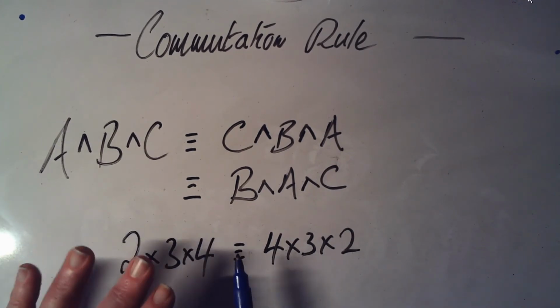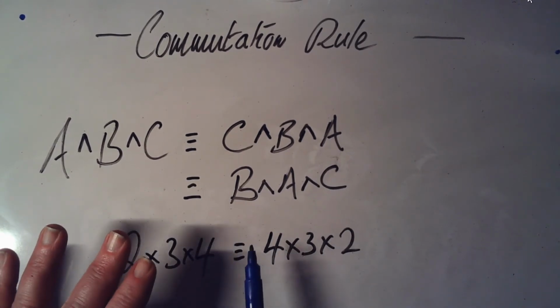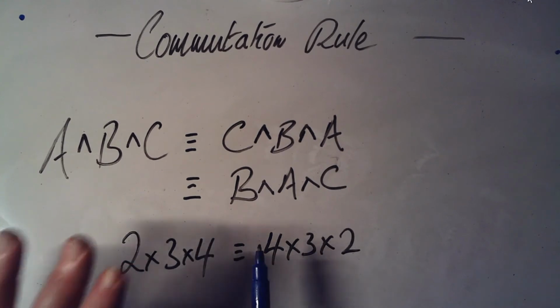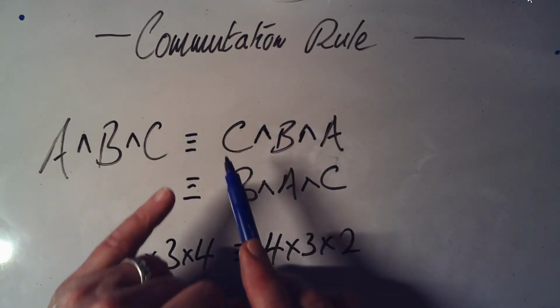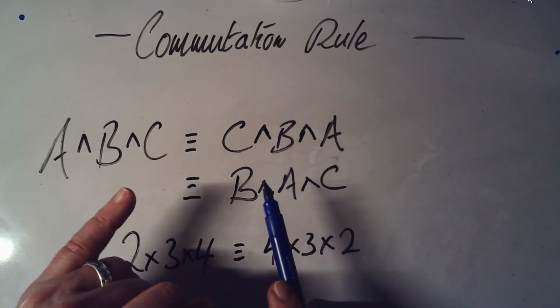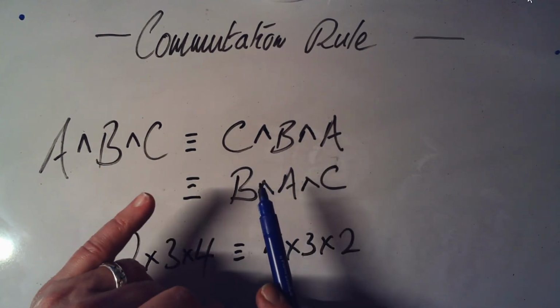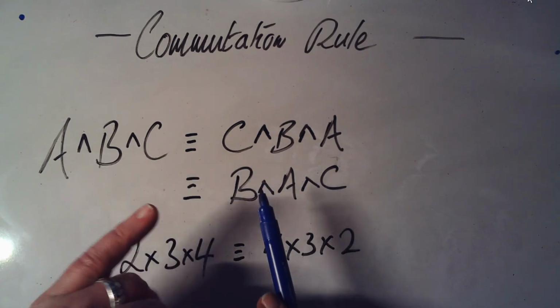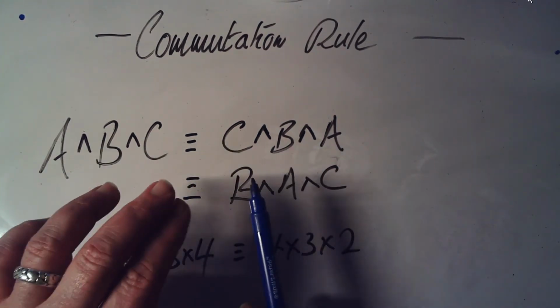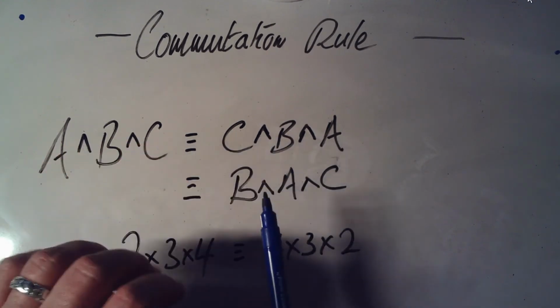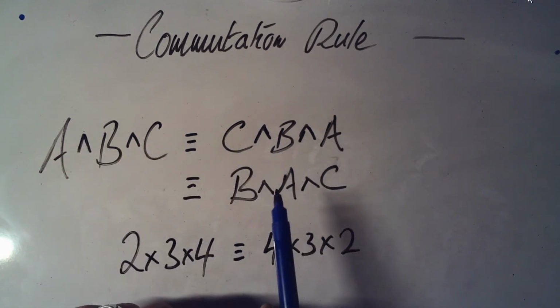And again, if you're wondering why, exactly the same reason that I went through in the previous part of the video with the association rule. This is so that we can manipulate our expression in order to exploit some of the rules that we have at our disposal with our Boolean algebra. And again, more on opportunities to use association or commutation rules when we do some of our worked examples.